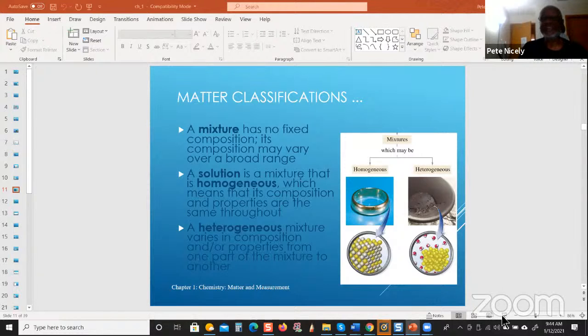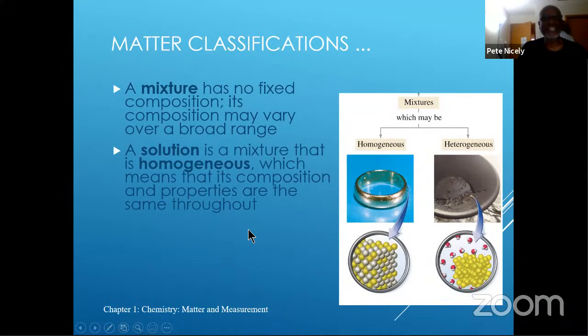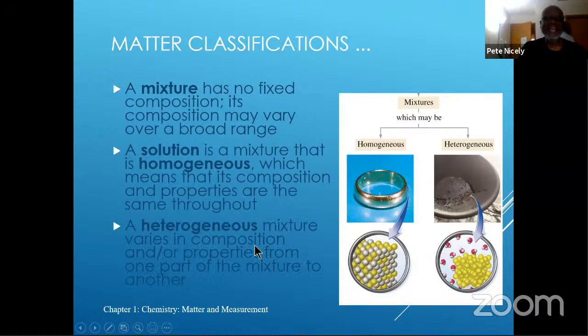All right. So let's move on now to a discussion of the other type of mixture, which is known as a heterogeneous mixture. And as stated here, a heterogeneous mixture is basically one where the composition or properties of that mixture vary from one part to another.